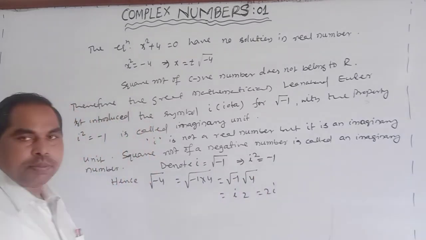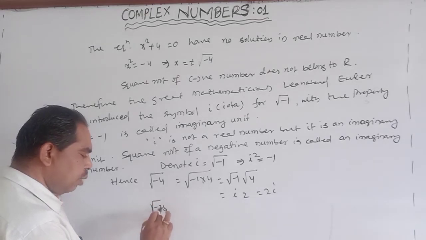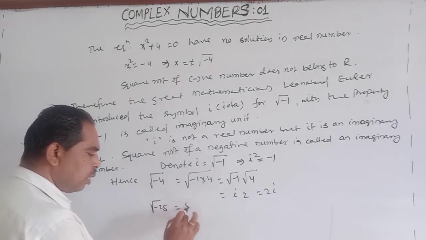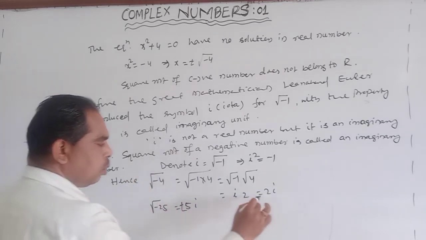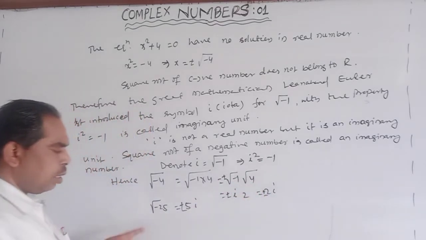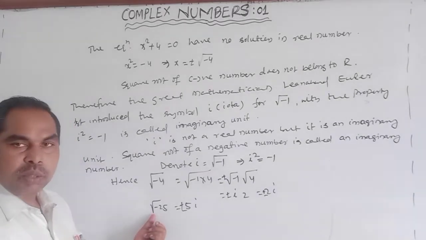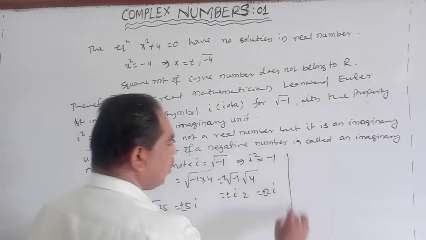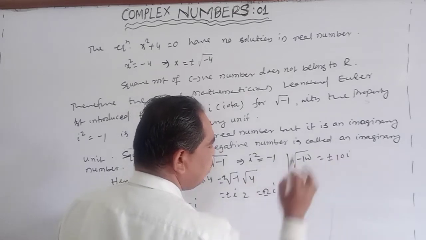Square root of minus 25 is equal to 5i, or plus or minus 5i also. Square root of minus 100 is equal to plus or minus 10i.